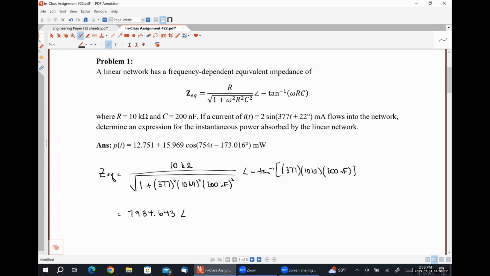My angle, I'm gonna have negative inverse tangent of 377 times 10 times 10 to the 3 times 200 times 10 to the minus 9. Negative 37.016 degrees, and I'm going to store this in my calculator as X.